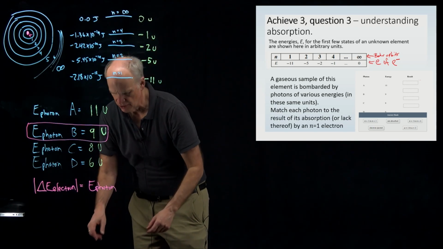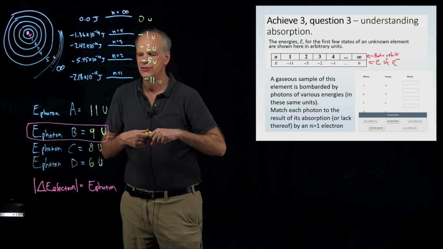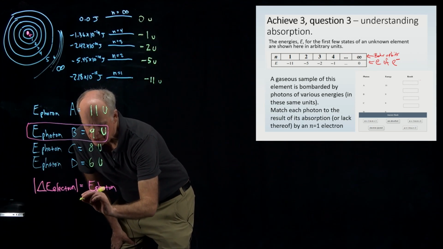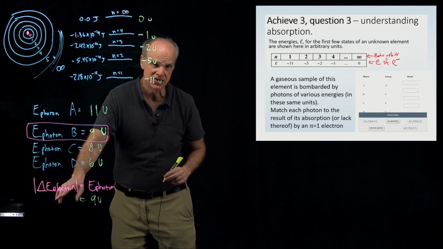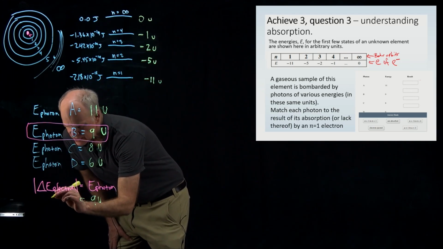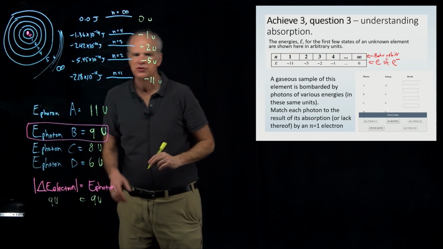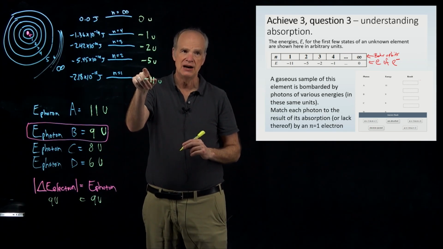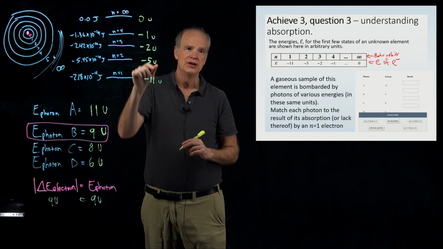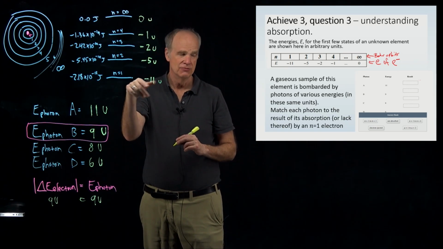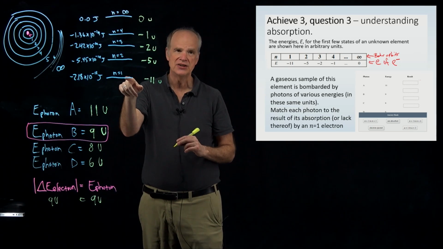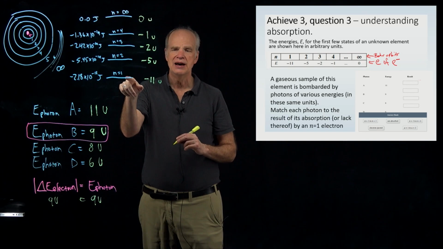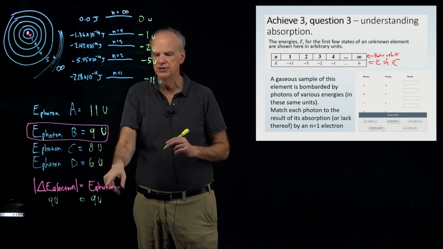So we know something already. If the energy of photon B is 9 units, then the change of energy of the electron must be 9 units. So you have to figure out what transition is going to account for a 9-unit positive change of the energy of the electron. One thing they tell you is that the electron always starts out at the first orbit, n is equal to 1. So you have to figure out what transition gives you 9 units of energy.